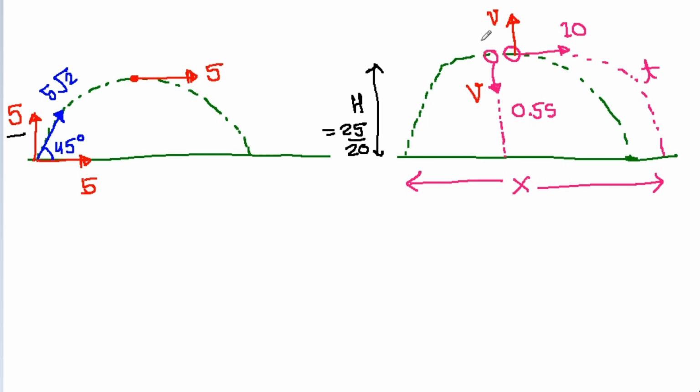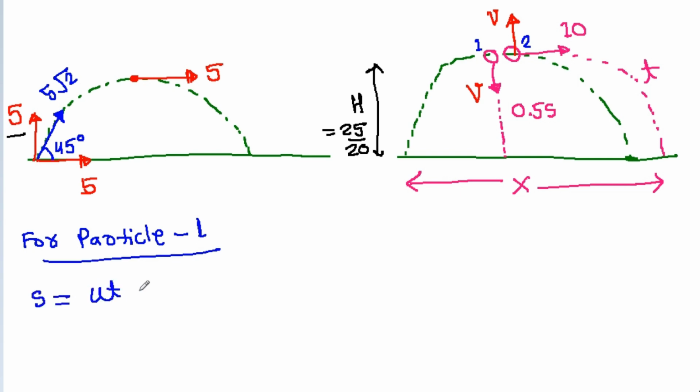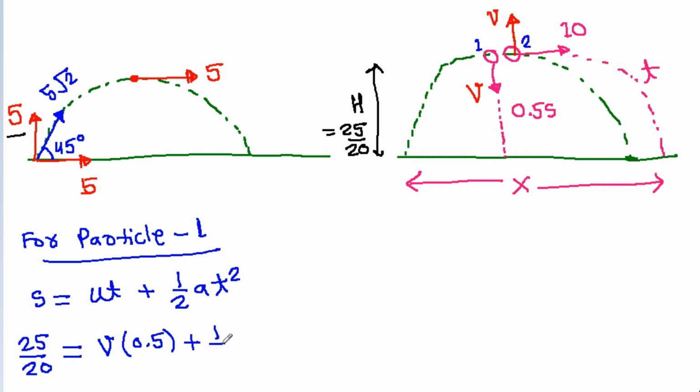For the first particle, suppose this is particle 1 and this is 2. So for particle 1, if we use s is equal to ut plus half a t square, then s is 25 by 20 and initial speed is v and time is 0.5 second, plus half into acceleration, which is 10, and time 0.5 square.